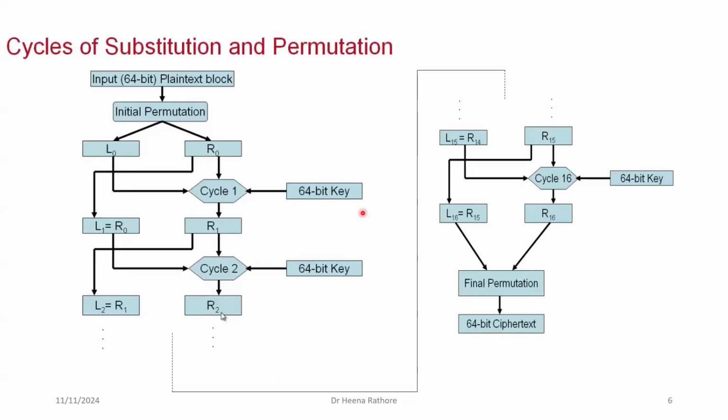In round number 3, once again, the same process happens. In round number 4, once again, it happens. Then rounds 5, 6, 7, 8, 9, 10, 11, 12, 13, 14, 15, 16. Total 16 rounds are done. And finally, you do a final permutation, and finally you get your 64-bit ciphertext.